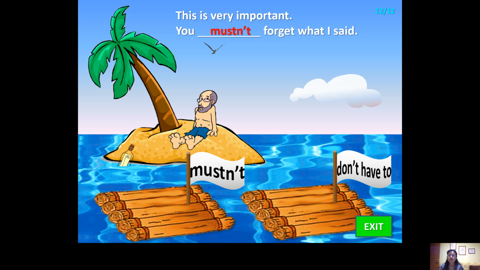If it's very important, it's something mandatory. So you mustn't forget what I said. Because it's very important, you mustn't forget.